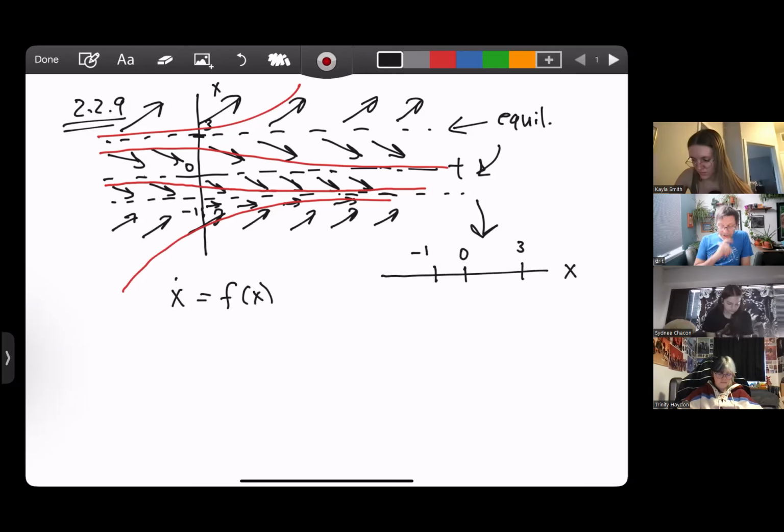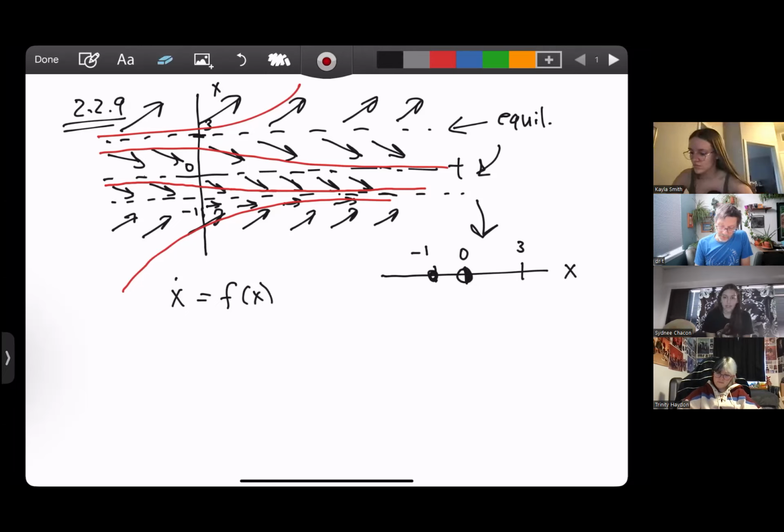So we got that. And then this one at -1 is stable. I've got a half stable at 0. And so it's stable on the right, unstable on the left. And then the one at 3, is this right?